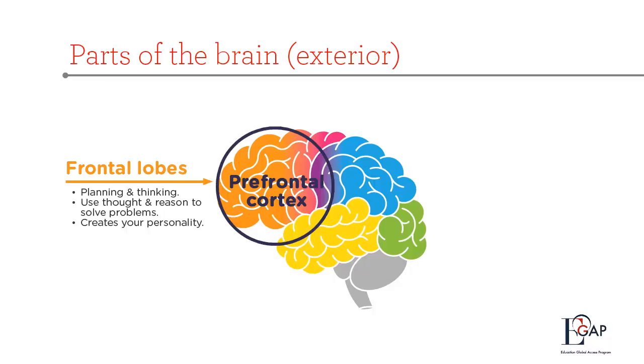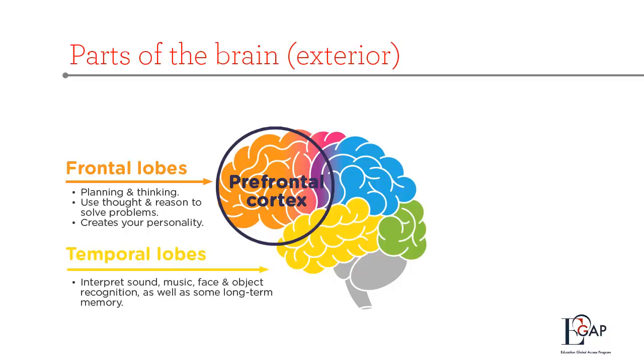And if they are somehow damaged, say by a hard hit to the head, your personality and behavior might be completely changed. Here we can see the temporal lobes. These deal with interpreting sound, music, face and object recognition, and some parts of long-term memory. The occipital lobes here are used for visual processing.